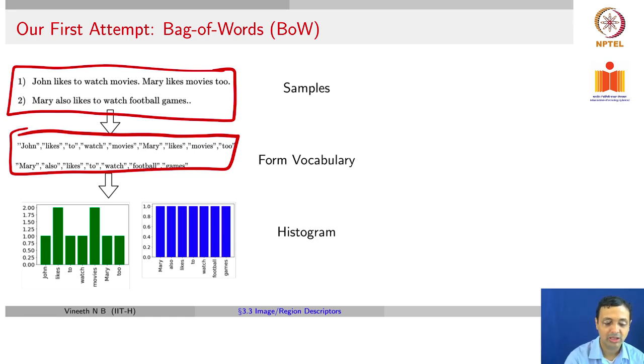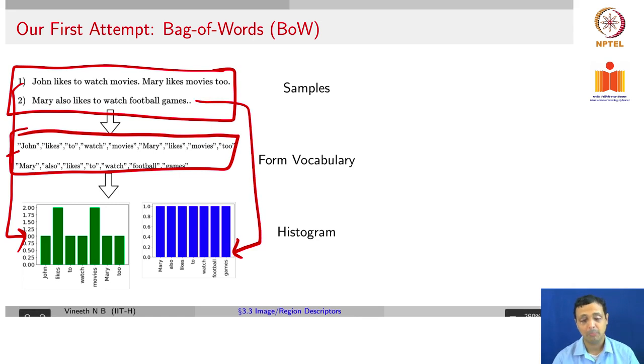And finally, for each of these sentences, you would come up with a histogram of how many occurrences of a particular word in your vocabulary happened in this particular sentence. So for each of your sentences, you can look up a vocabulary or a dictionary and try to see how many times each word in the vocabulary or dictionary occurred in this particular sentence.